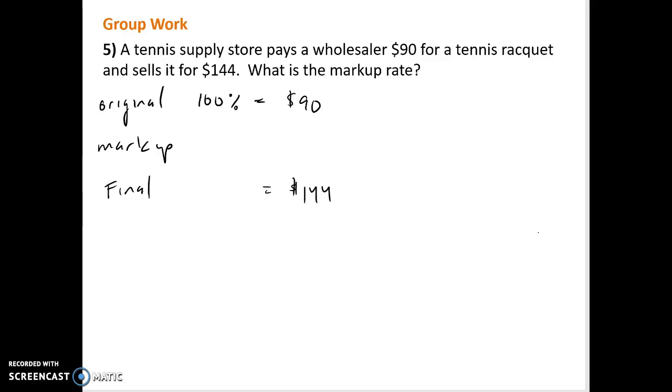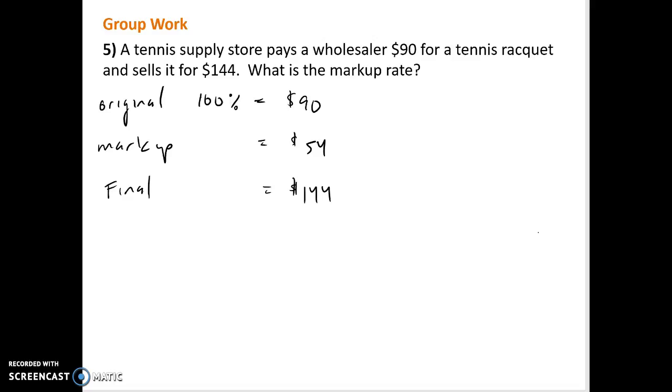So $144. And if you look at our information, we could actually find what the markup was, right? So if they bought it for $90 and then they sold it for $144, that means they increased the price by $54. And once again, I simply found that by subtracting 144 and 90.